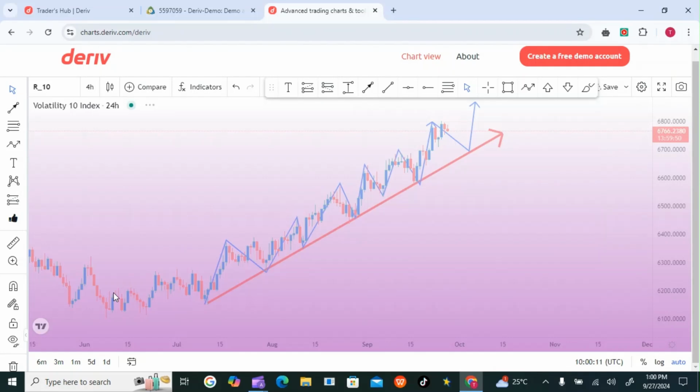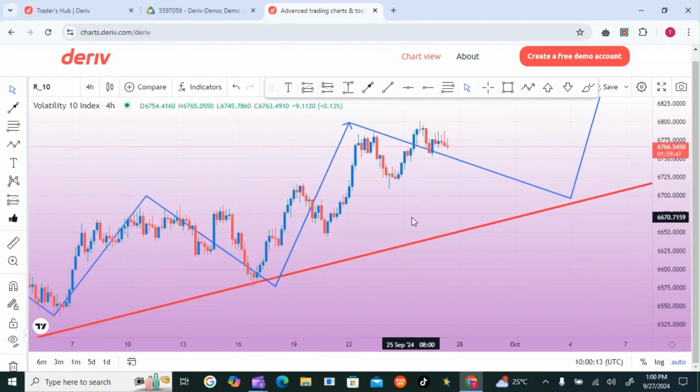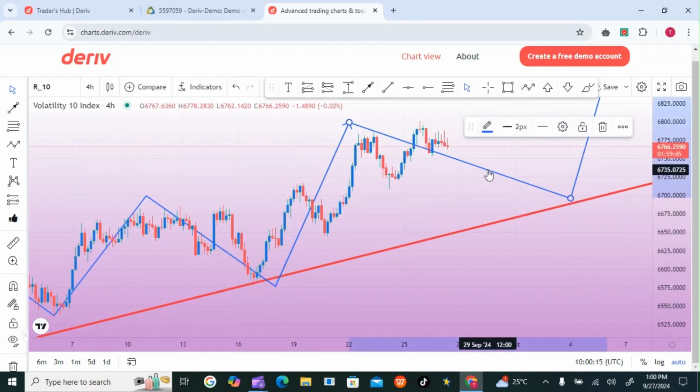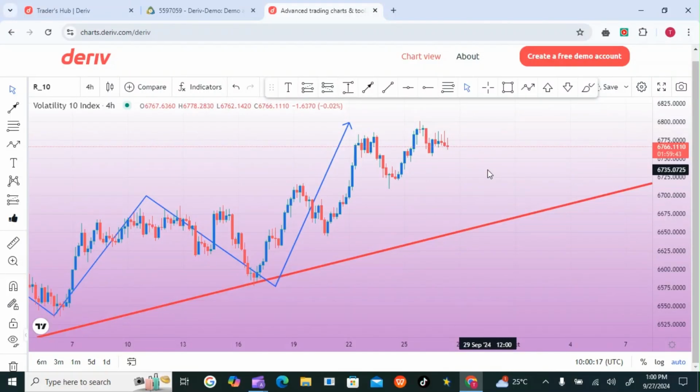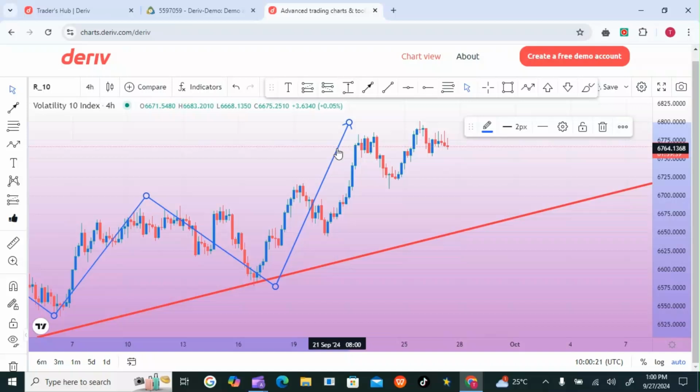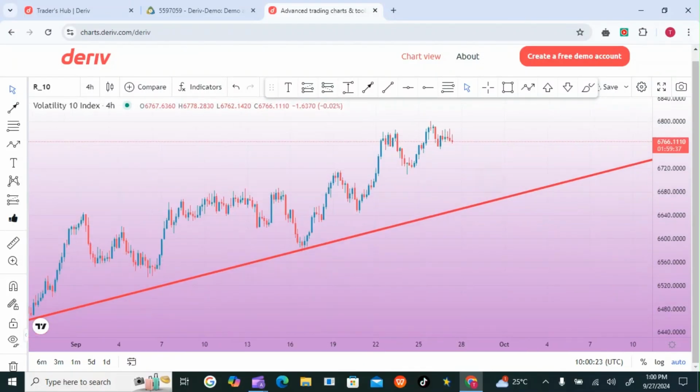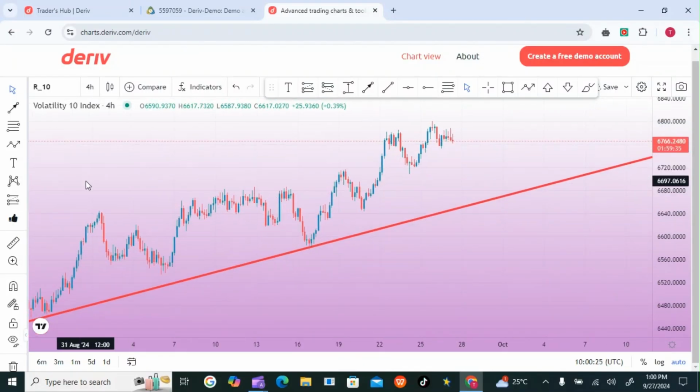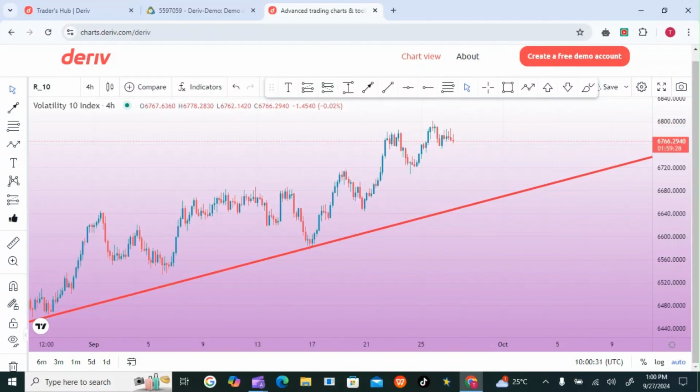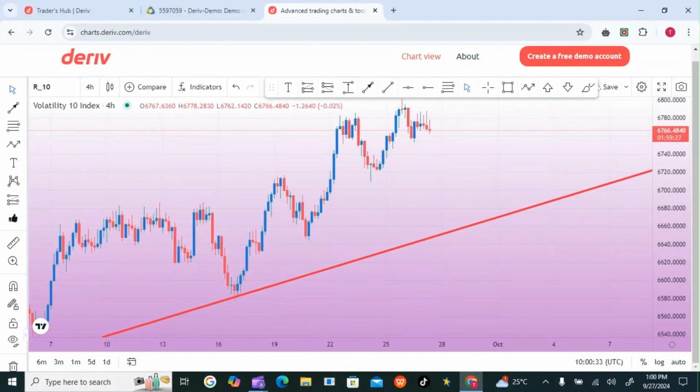So I'll move to the 4 hours and see how this market is behaving. On the 4 hours, you can see the same thing has been happening. And how is this market moving? It's creating the same higher highs and then higher lows. And then we have reached a point on the 4 hours.